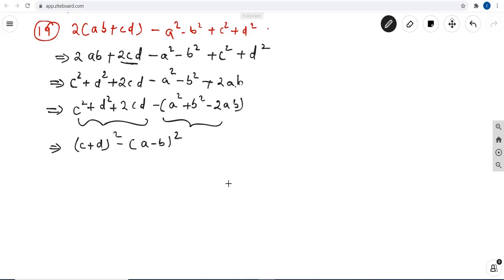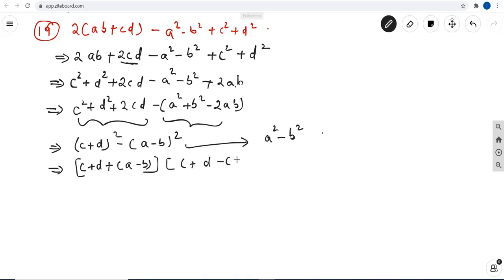Now tell me, what form is this in? This is in the form of A square minus B square. So A is what here? C plus D. So (C plus D) plus (A minus B), one term. One more term is (C plus D) minus (A minus B). So this is another term.